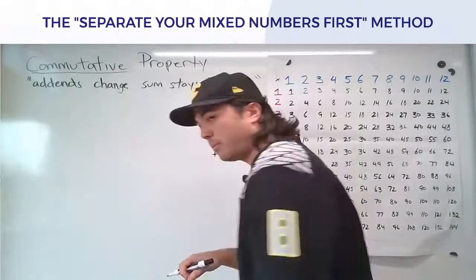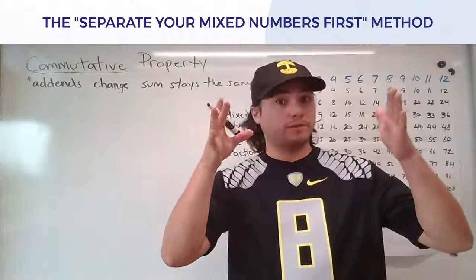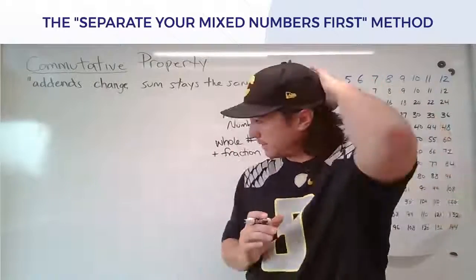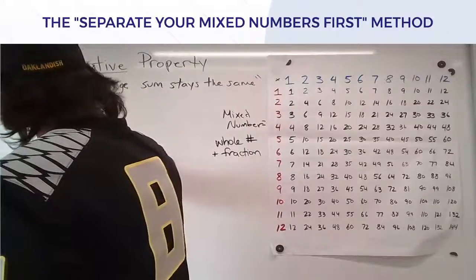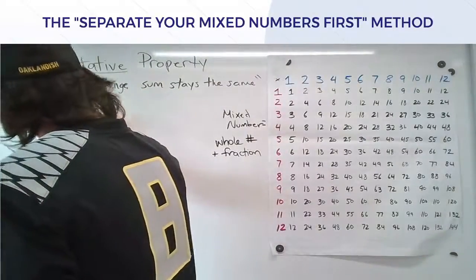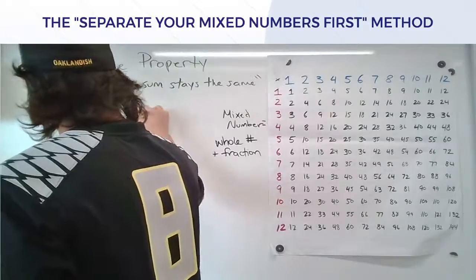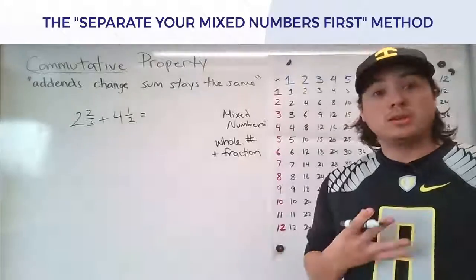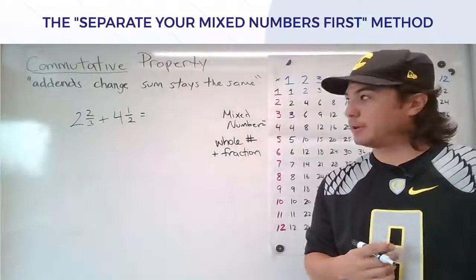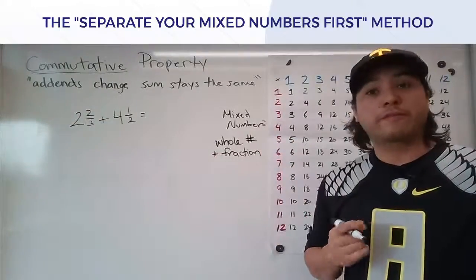So it lives somewhere between whole numbers on a number line, between 2 and 3, for instance, or between 5 and 6. So if you have something like 2 2/3 plus 4 1/2, let's say, we can use that same commutative property to separate our whole numbers from our fractions.